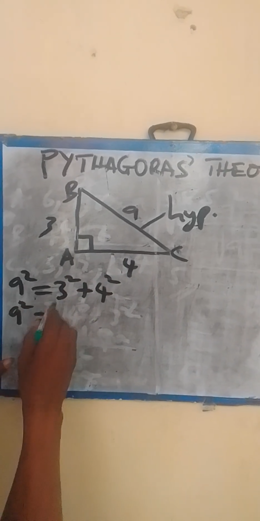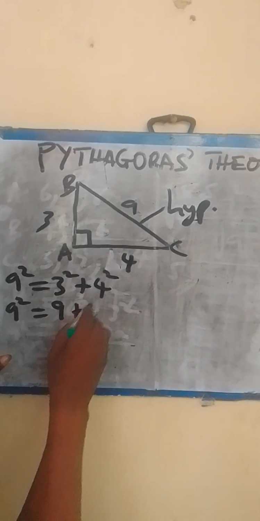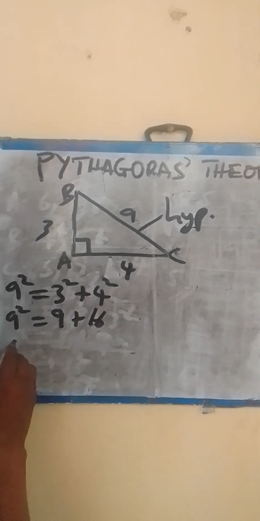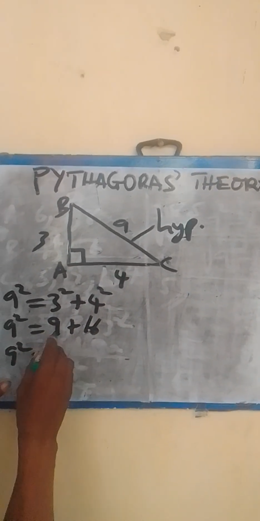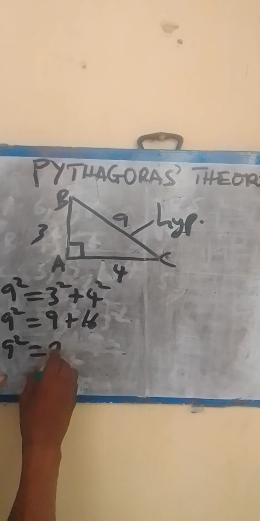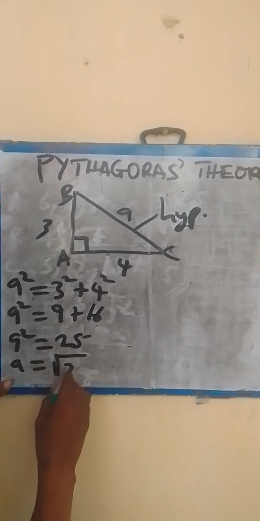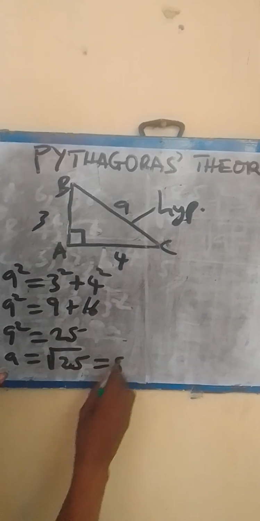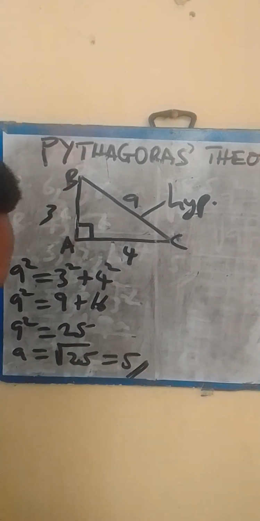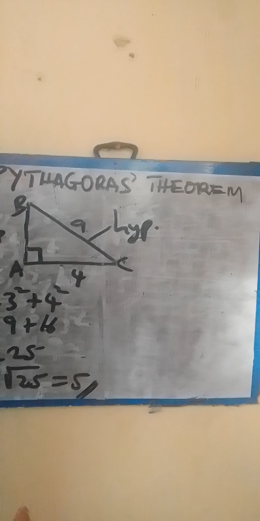So A squared is equal to, 3 times 3 is 9, plus 4 times 4 is 16. A squared is equal to 9 plus 16, which is 25. A is equal to the square root of 25, and the square root of 25 is 5. So you can see how simple it is using Pythagoras theorem.